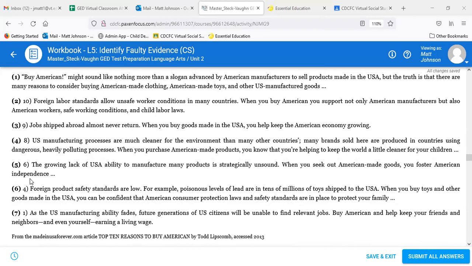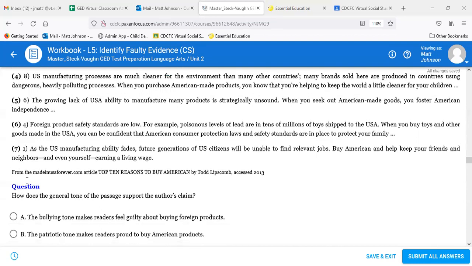When you buy toys and other goods made in the USA, you can be confident that American consumer protection laws and safety standards are in place to protect your family. And finally, as the US manufacturing ability fades, future generations of US citizens will be unable to find relevant jobs. Buy American and help keep your friends and neighbors and even yourself earning a living wage.